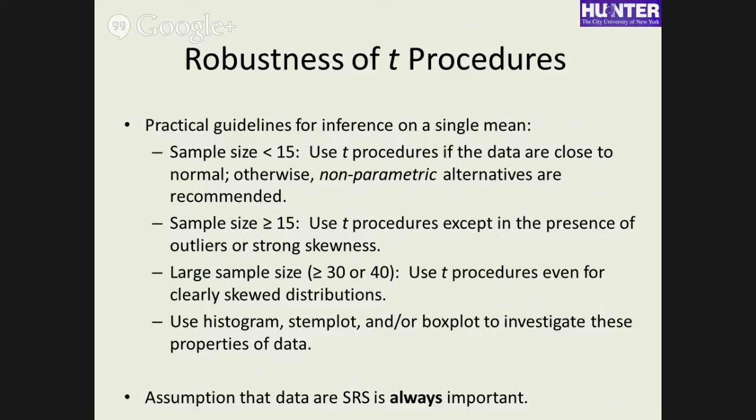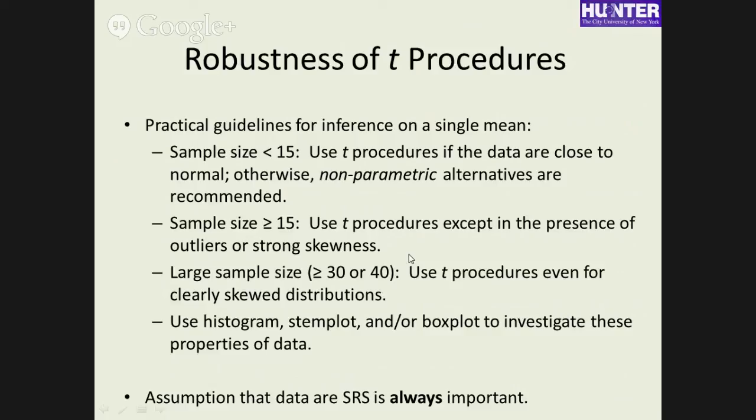Here are a couple rules of thumb for when to use the t procedure. It depends on how normally distributed your population is. You'll do histograms, you'll do descriptive statistics to make that call. And these are just some rough rules of thumb about when you can still use them.